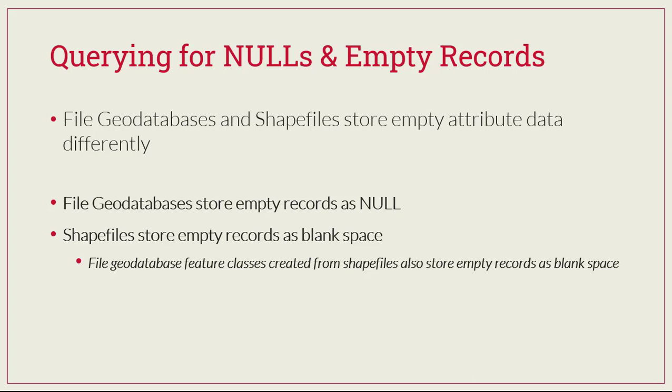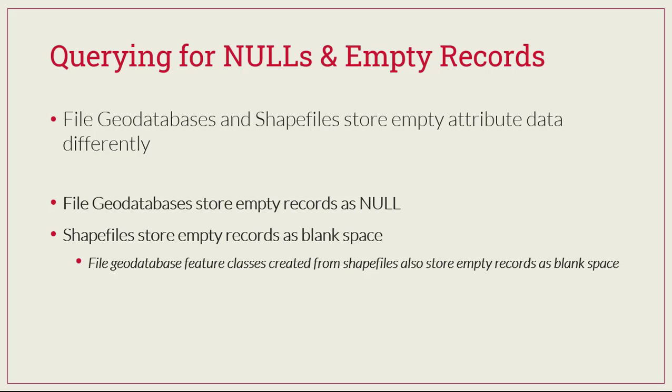There's nothing in the field. And a side note here, if you are working with file geodatabase feature classes that have been created from shapefiles, so if they have been migrated or imported into your geodatabase, they still will store empty records as blank space. Only those file geodatabase feature classes that are created from scratch within the file geodatabase will you see the empty records stored as null.